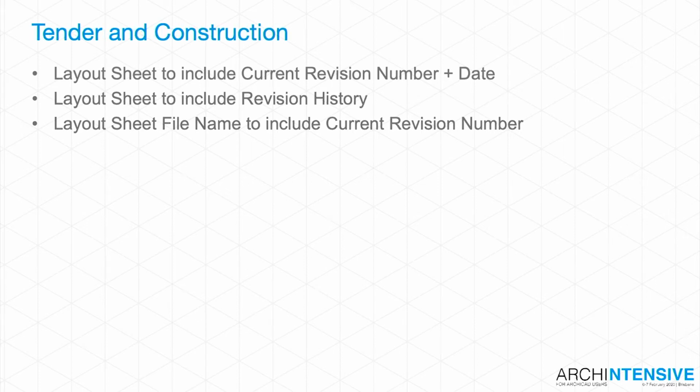Now, moving into tender and construction, this is where the complexity takes the next step up, and we want to move ahead with the stuff that we've already dealt with in those earlier phases, but now we actually want to include revision clouds. You wouldn't be looking to do revision clouds during your design and documentation stages, because you may as well just cloud the whole sheet in most instances. But when you're at a contractual phase, it's really important to clearly identify where changes have occurred.